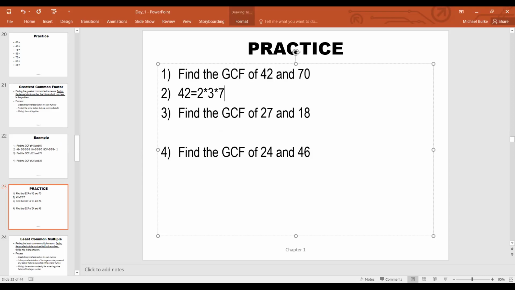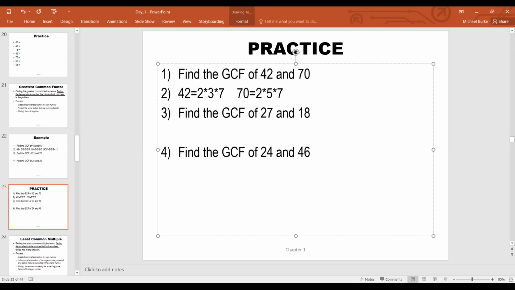And then 70 is equal to, it's an even number. It also ends in 0. Since it's an even number, we're going to start there. 2, and then 35 is the next one. So 5, we know that that's the case, times 7.